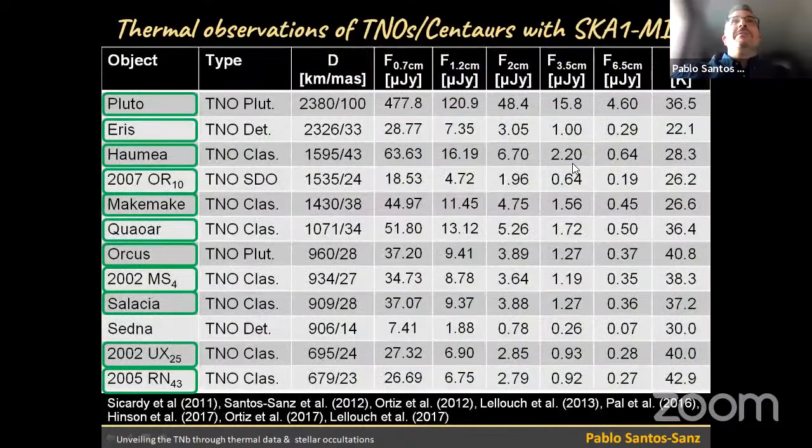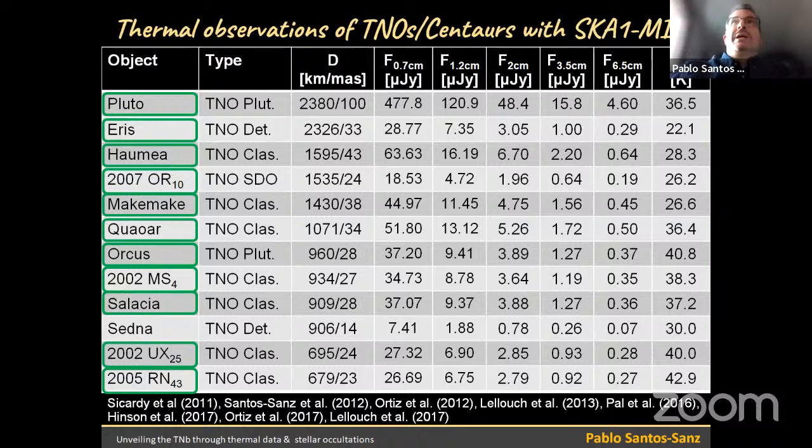I did the same for around 30 objects, starting with the biggest. Again, the table is sorted from biggest to smallest object, and for these SKA1 Mid wavelengths, in green are the objects for which it would be possible to detect this thermal emission.